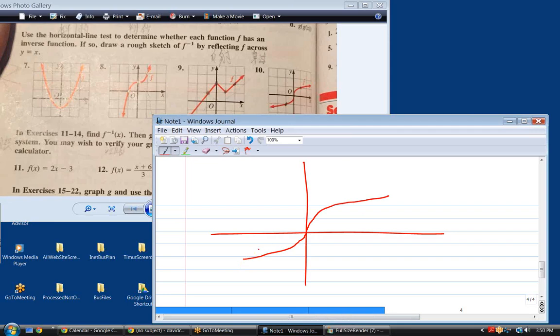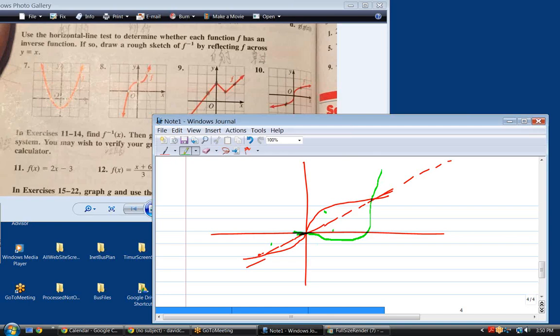Now let's reflect that about that line. So if I do it in a different color, it looks something like this. See what's happening?